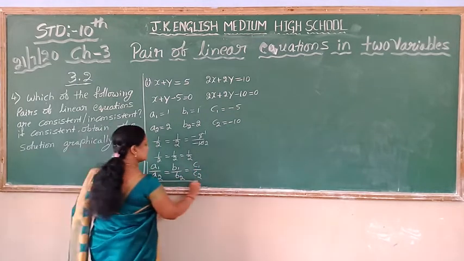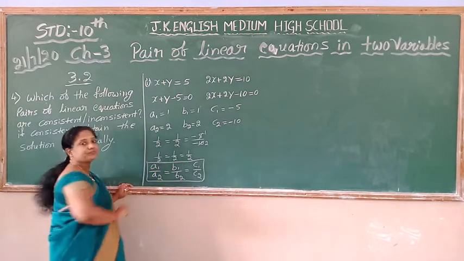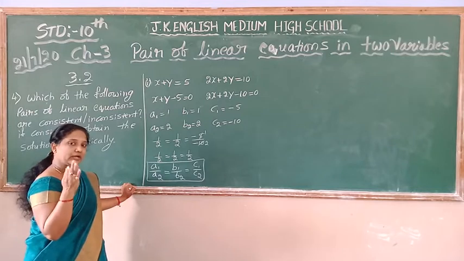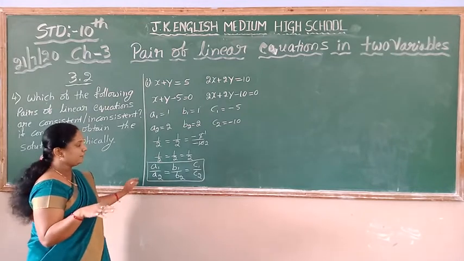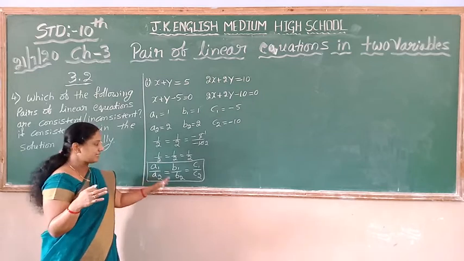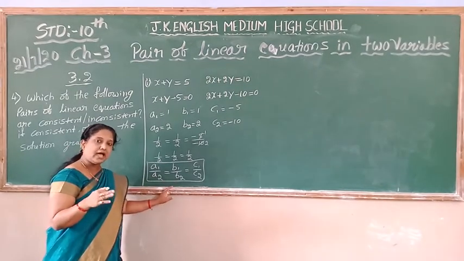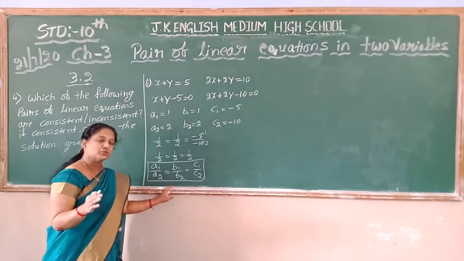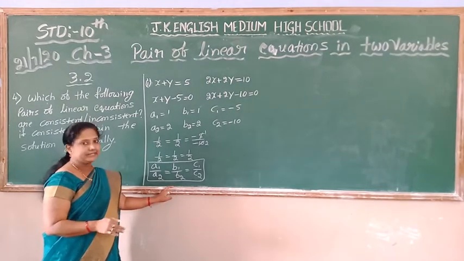If this condition is satisfied, then the lines are coinciding lines. One line overlaps the other line. So by seeing this condition, I have come to know which type of lines I am going to get. Those two lines are coinciding lines.